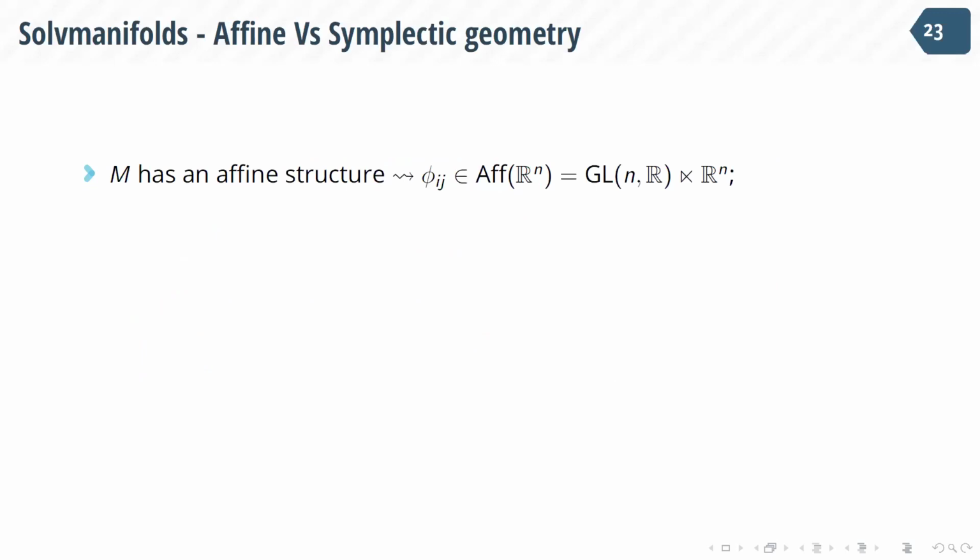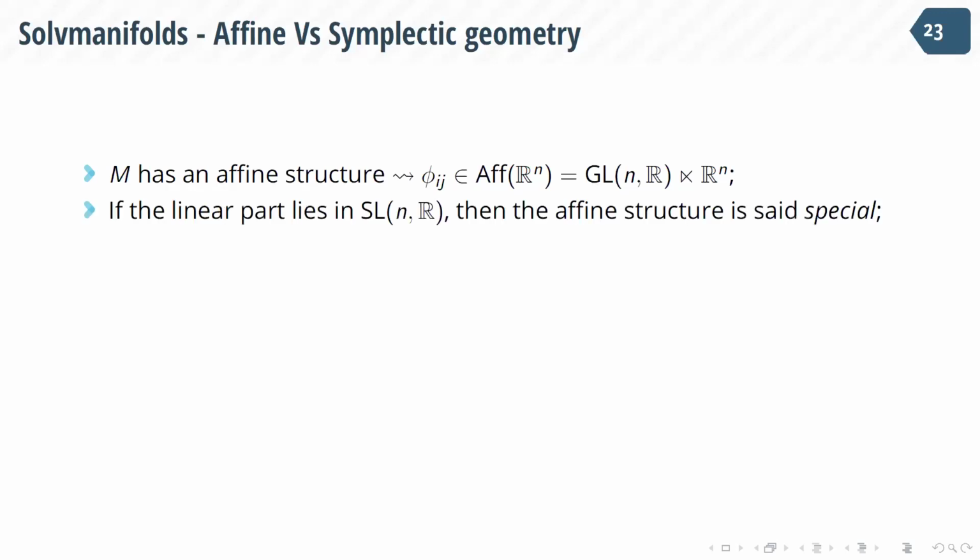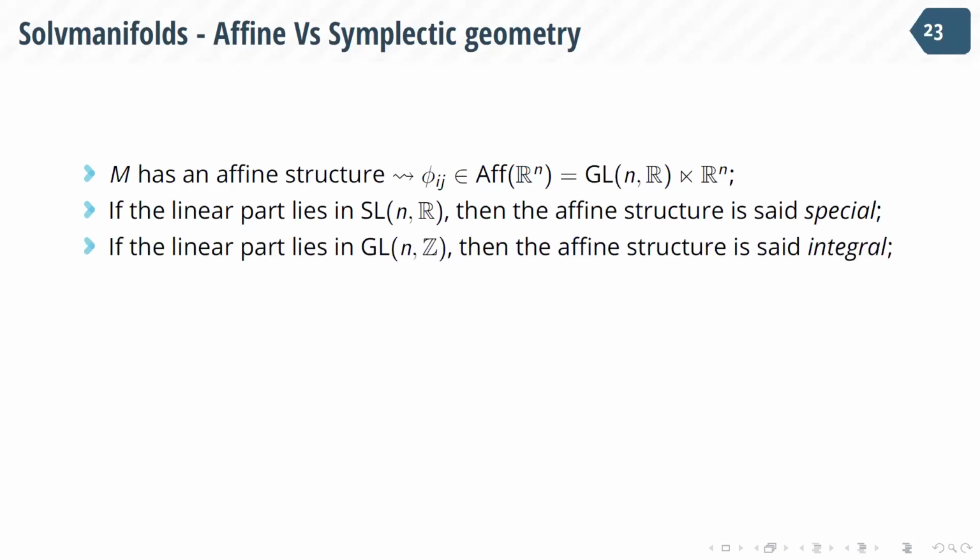We recall that a manifold has an affine structure if it is endowed with an atlas whose transition functions are affine. We say that if the linear part is in SL(n,R), then the affine structure is special. If instead the linear part takes values in the integers, we say that the affine structure is integral.